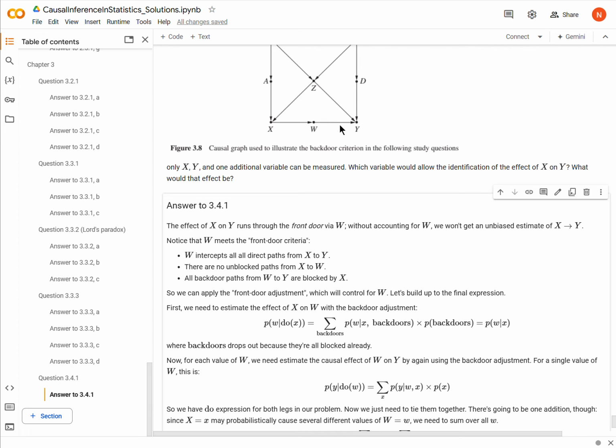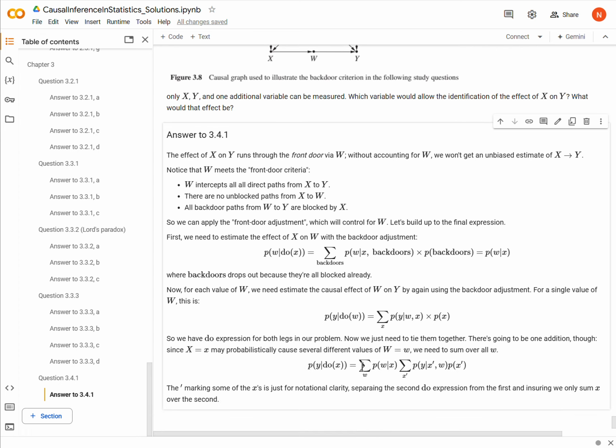So we want to account for all values of w. We take our first do expression and plug it in here, then our second expression after that, and because we want to account for all values of w, we sum over all values of w.